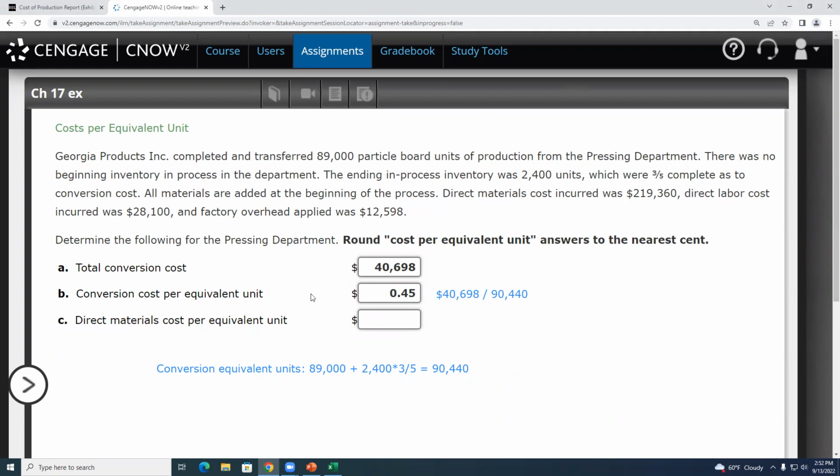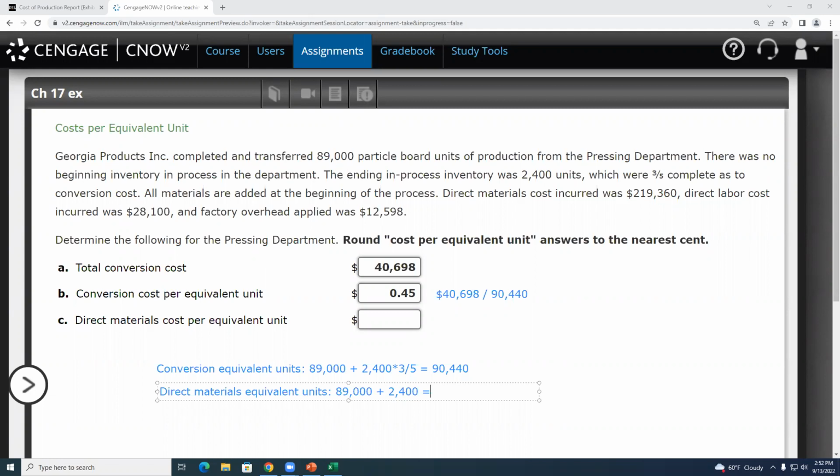And for our direct materials equivalent units, remember our assumption is that we add all the direct materials when we begin the units. There was no beginning inventory. If we had beginning inventory, of course, the direct materials for those would have been added in the previous period. So we're simply adding together the units that were started and completed, along with the ending inventory, because all of the direct materials were added at the beginning of the process.